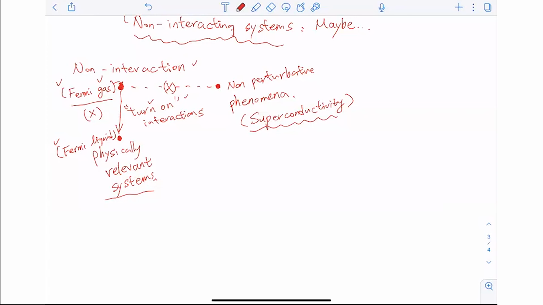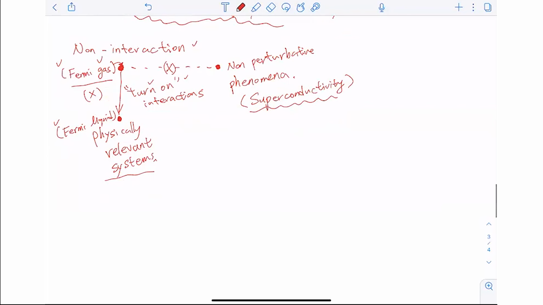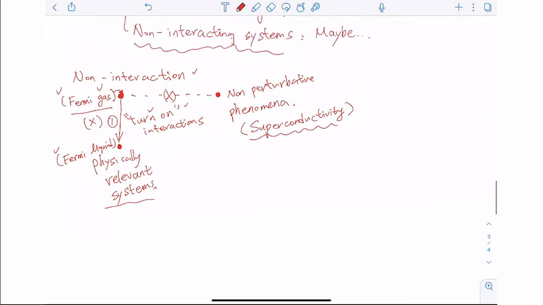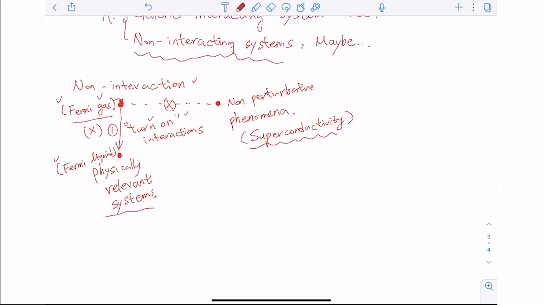Okay, but still, it is very important for us to learn the non-interacting models first, so that we can at least have something to start with to understand the generic interacting systems.